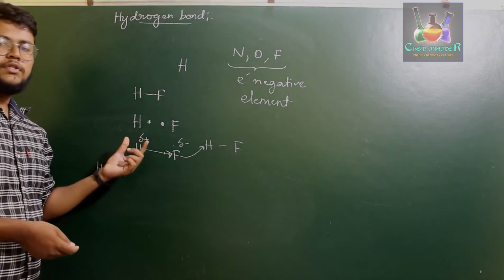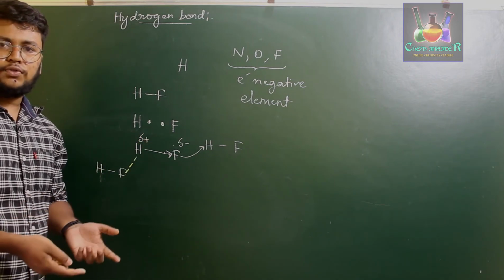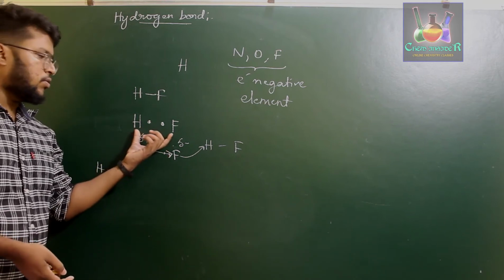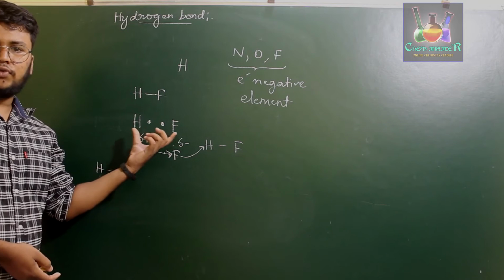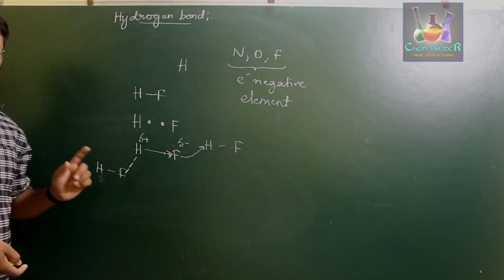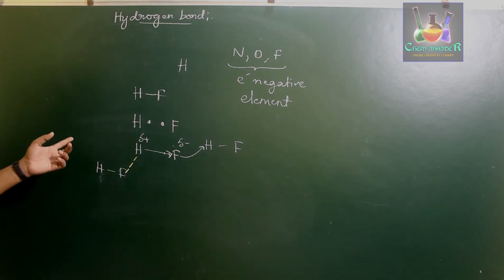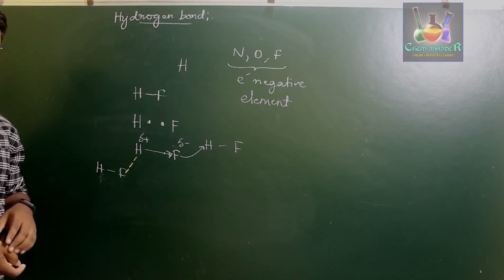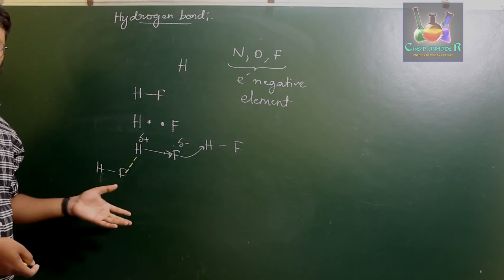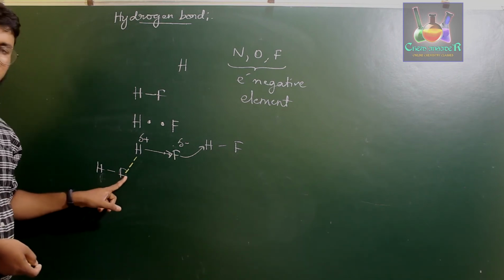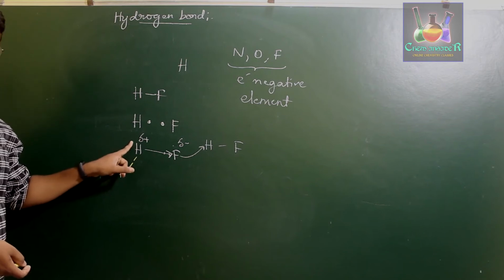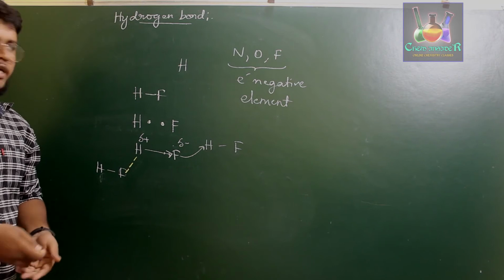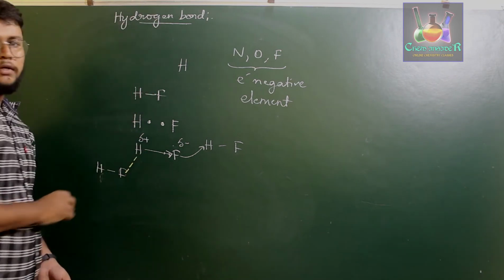Since hydrogen carries a partial positive charge, it creates an electrostatic force of attraction between these two molecules. Therefore, the fluorine of the other molecule might attack the proton, that is the H plus ion, formed because of the delta partial positive charge. So the delta negative charge of the fluorine might attack the delta positive charge of hydrogen, creating a certain type of interaction which is called hydrogen bonding.